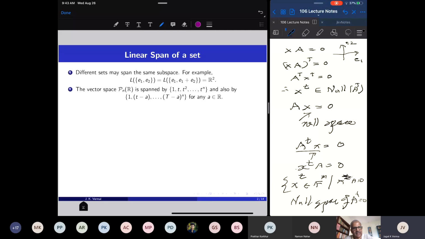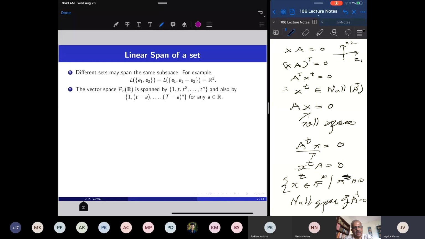You have studied Taylor expansion of a function which has derivatives up to order n. I can write the given function in terms of powers of t minus a.